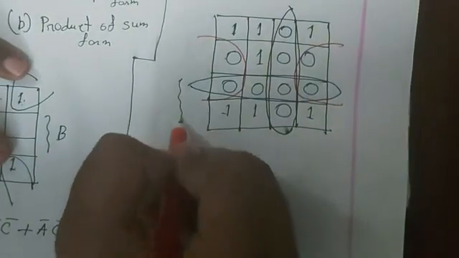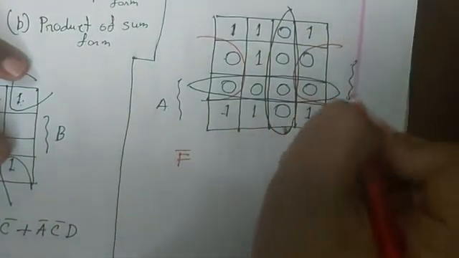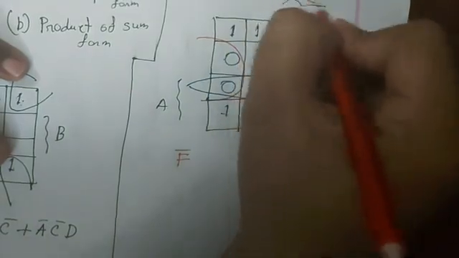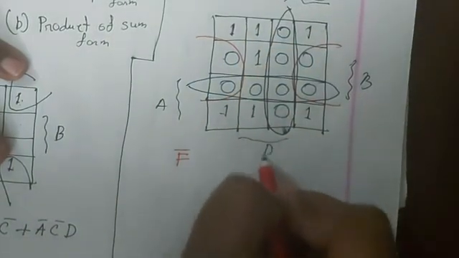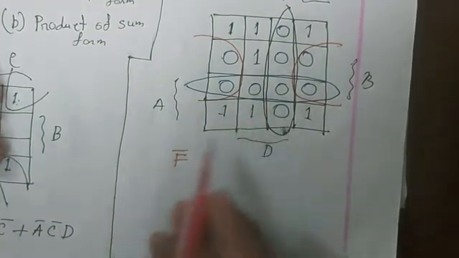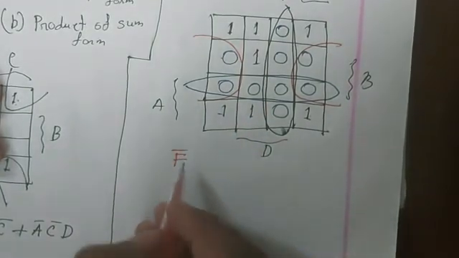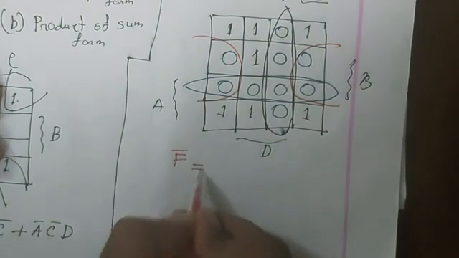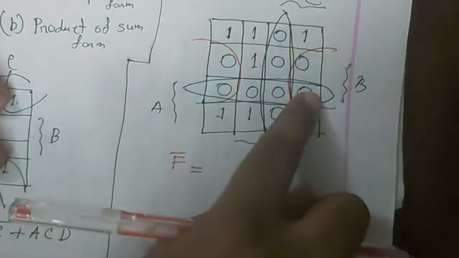We can put A, B, C and D. Since we make groups of zeros, we are supposed to get f prime. From the first group, we get B and D prime.